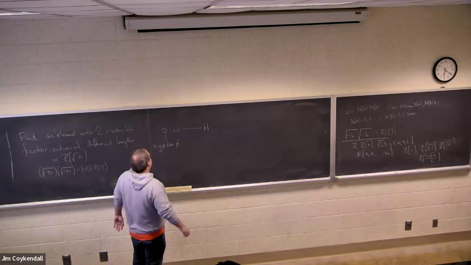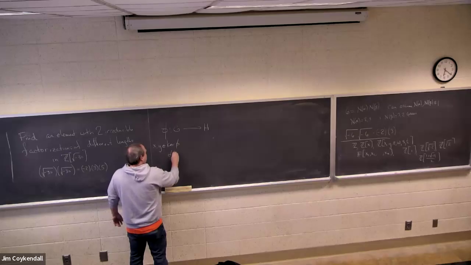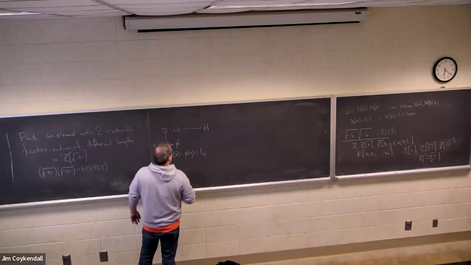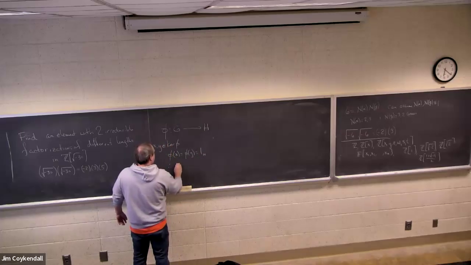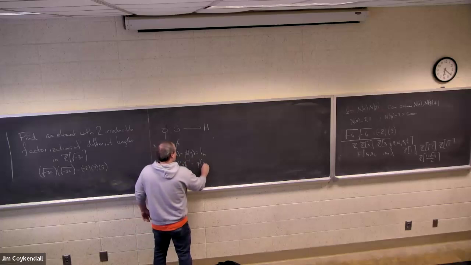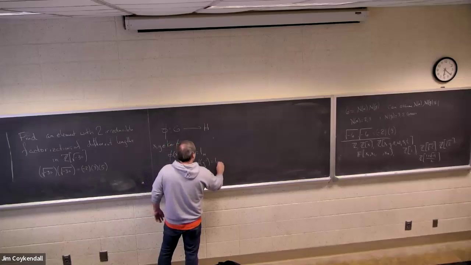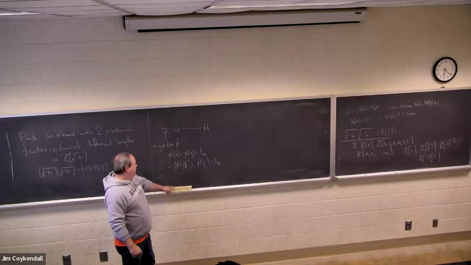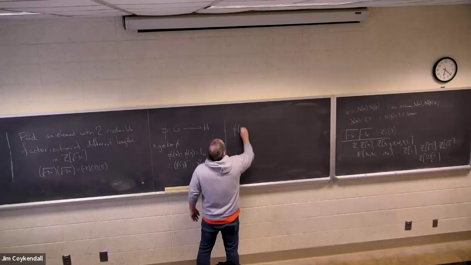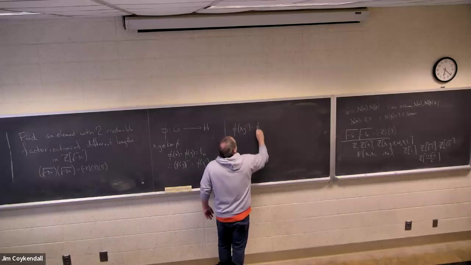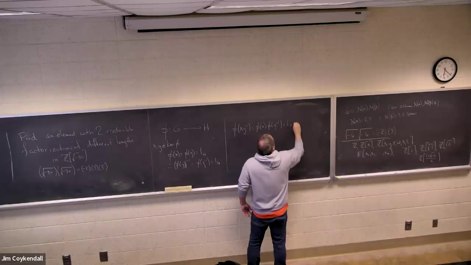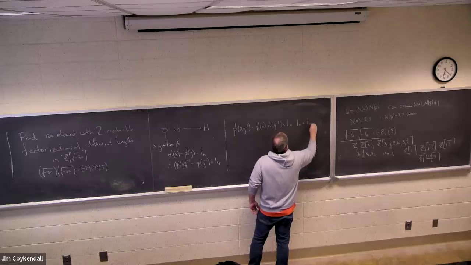Suppose x and y are in the kernel of phi, so phi of x equals phi of y equals the identity in H. Therefore phi of y inverse is also the identity. So phi of x y inverse equals phi x times phi y inverse, which is the identity.